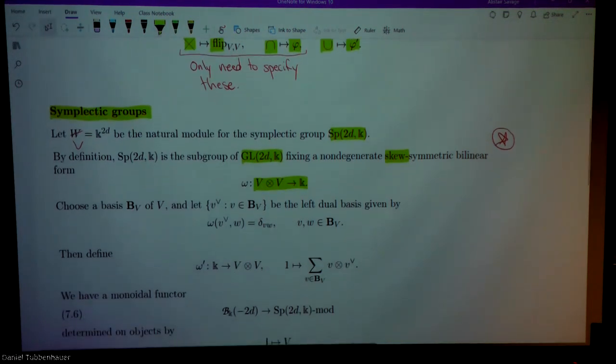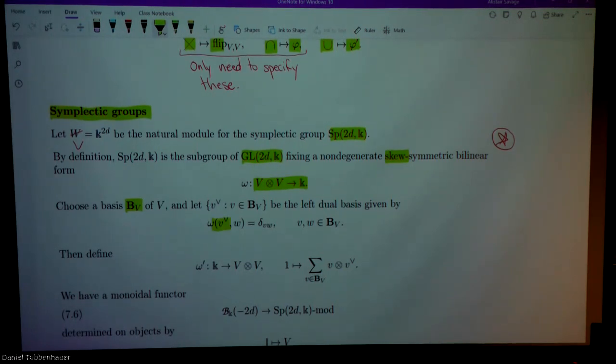So now let's pick some basis of V. And now because this form is skew symmetric, you can't just say a dual basis. You need to specify left dual basis or right dual basis because they differ by a sign because of the skew symmetry. So let's pick a left dual basis with respect to this form.